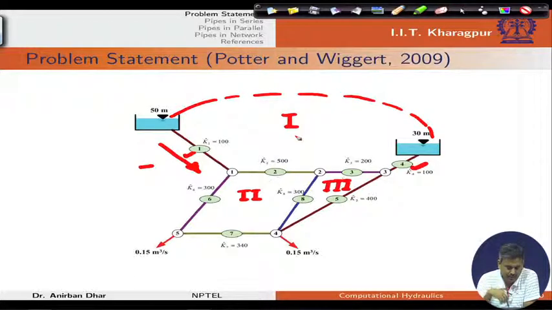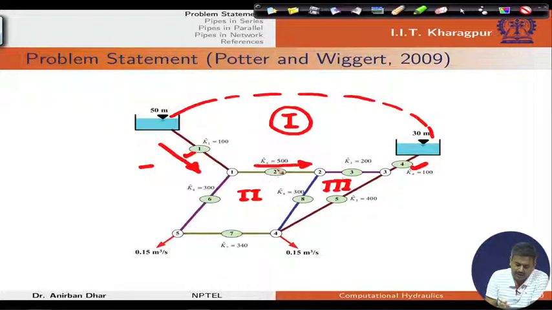For loop 2 one thing is interesting: if this pipe has the flow direction like this, it is a negative discharge condition for loop 1, but it is positive for loop 2, because for loop 2 this direction is clockwise, but in case of loop 1 it is counterclockwise.